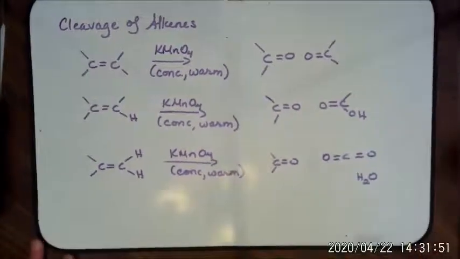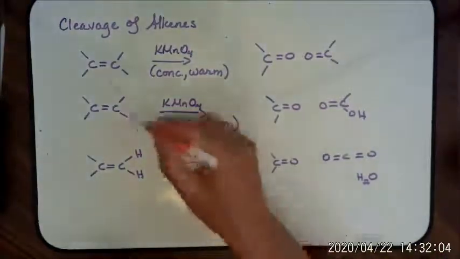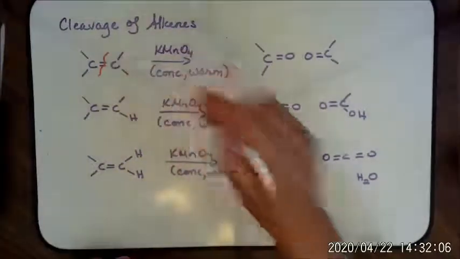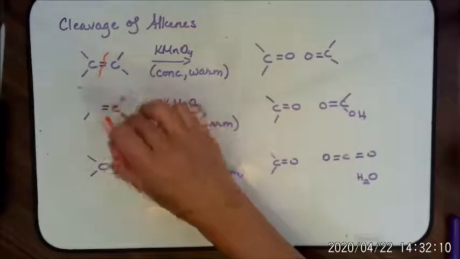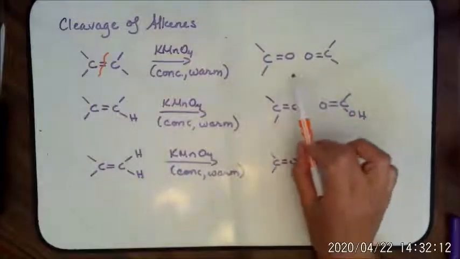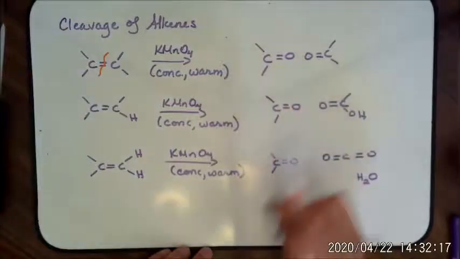What happens is if you use warm concentrated potassium permanganate, it forms the diol first and then it'll continue to oxidize, so that cleavage of this double bond, you continue to oxidize your alcohols, and then if these are all R groups, you'll get ketones. The key is to have your carbon double bonded oxygen here.